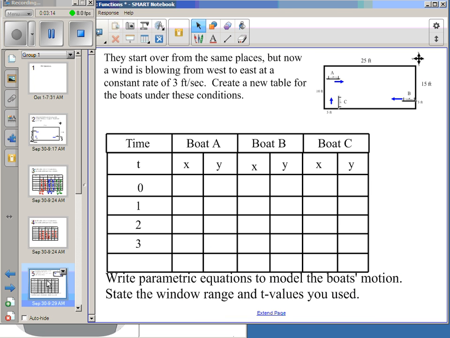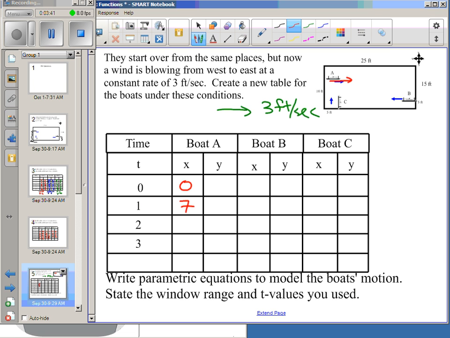Now we're going to throw a little wrench into the situation. There is a wind blowing from west to east at a rate of 3 feet per second. Now, if we think about boat A, this is going to make it move more quickly. Every second, it'll move the 4 feet, but the wind will push it another 3. So at time 0, it's at position 0, but at 1 second, it's now moved 7 feet.